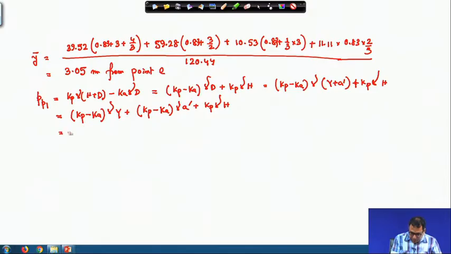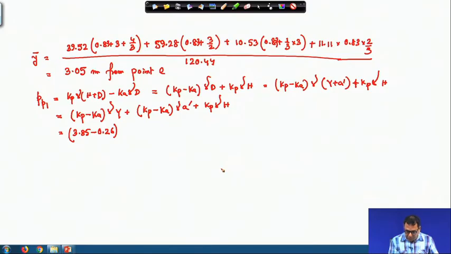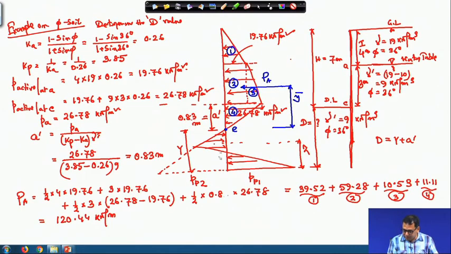So, now the Kp value is 3.85, Ka value is 0.26, okay, and gamma into capital Y. So, this capital Y part is below water table. So, instead of gamma I will take gamma dash. So, gamma dash is 9 into the capital Y plus again Kp is 3.85 minus 0.26, again a dash is below the dredge level, water table and the dredge level both.